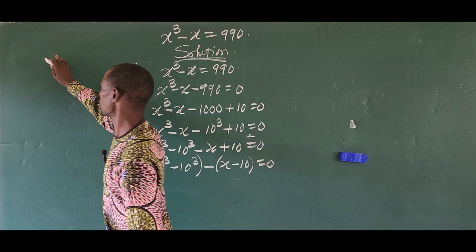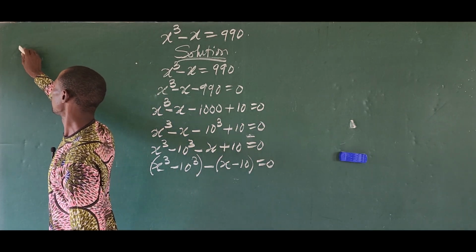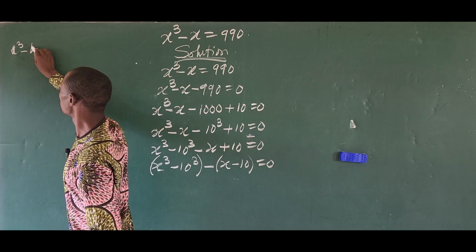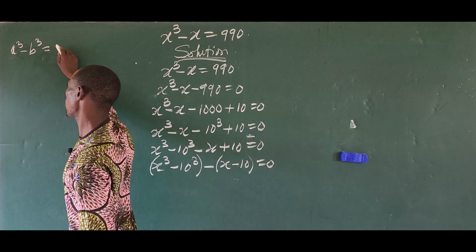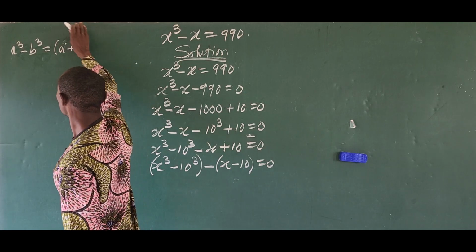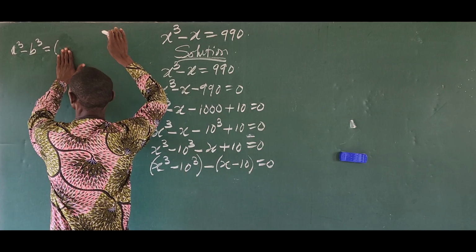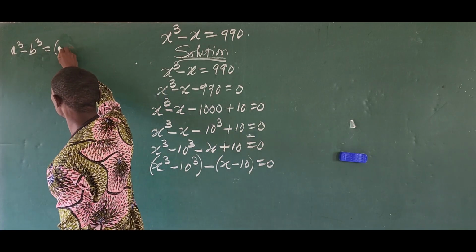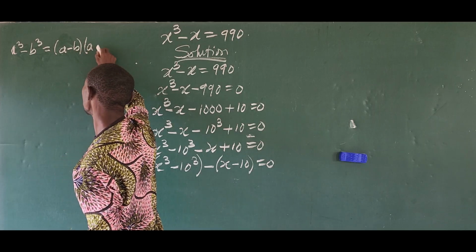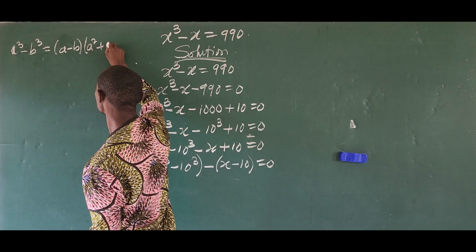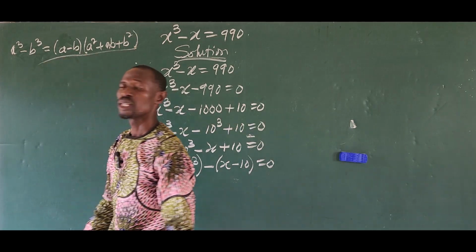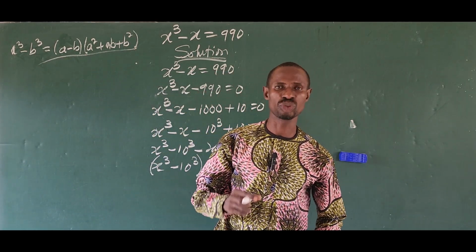And so difference of two cubes says that if you have a to the power of 3 minus b to the power of 3, this is equal to bracket a minus b close bracket, bracket a to the power of 2, then plus ab plus b to the power of 2 close bracket. This is what we call difference of two cubes.